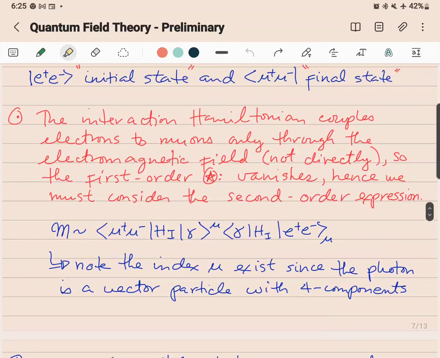The interaction Hamiltonian couples electrons to muons only through the electromagnetic field, but not directly. They don't have a vertex for lines joining.